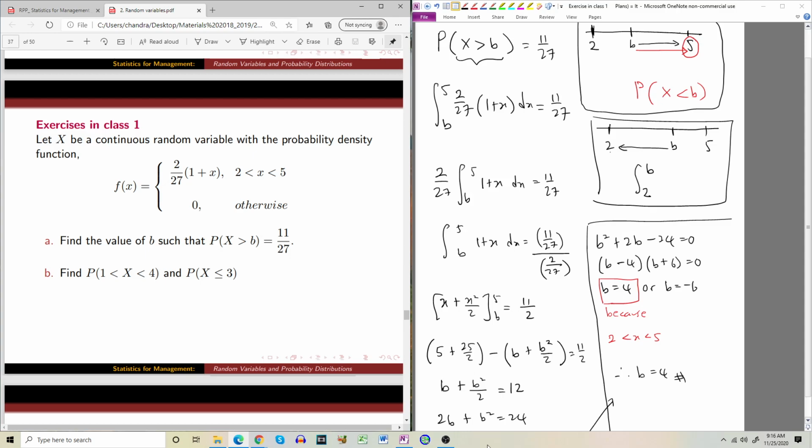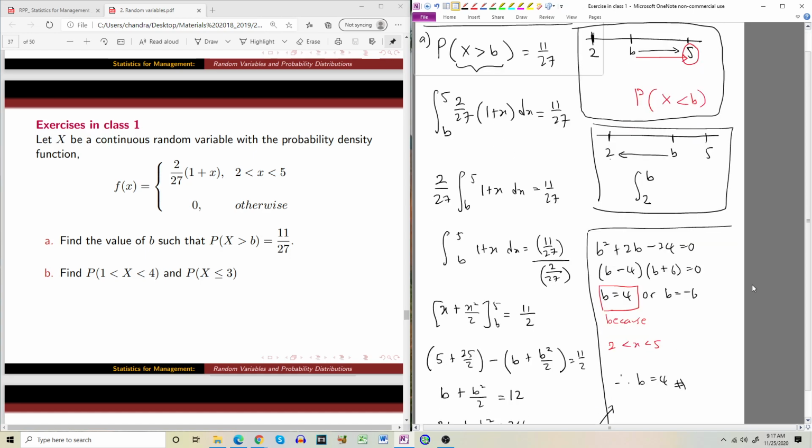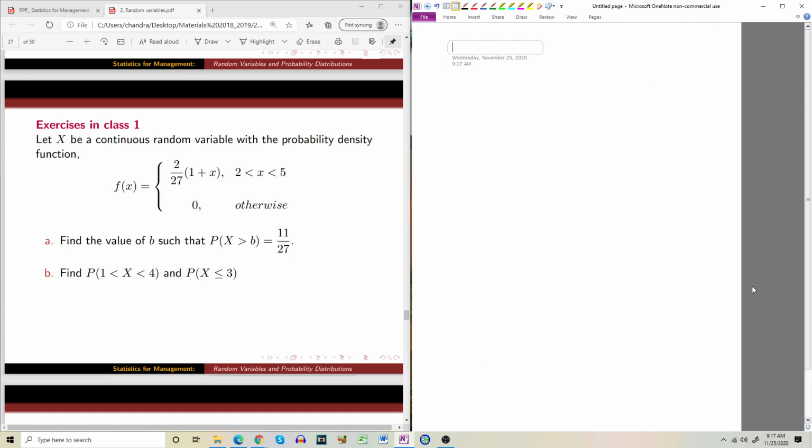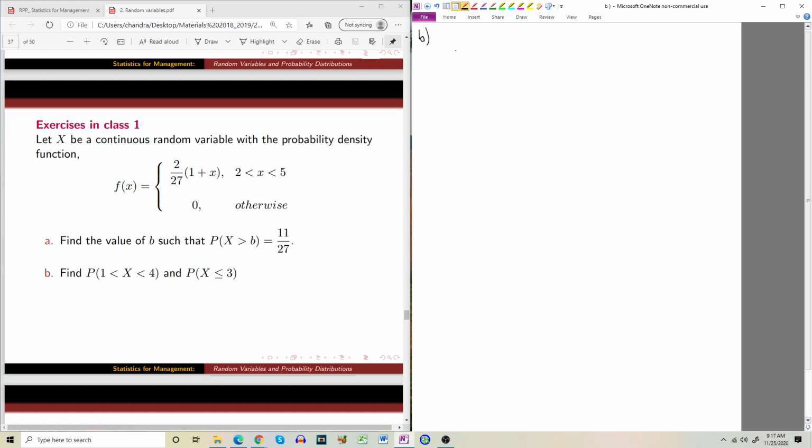Now let us move on to question B. Find the probability that x is between 1 and 4.